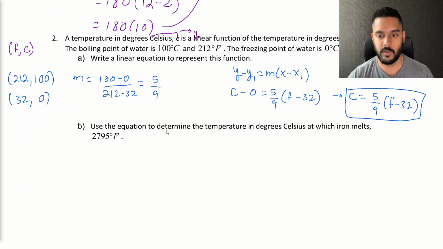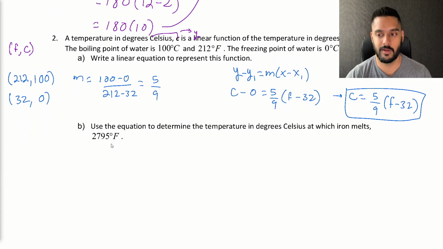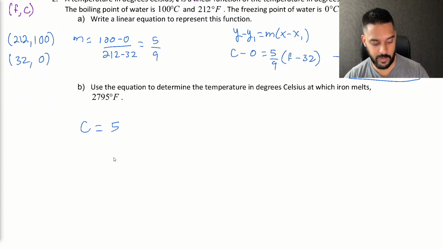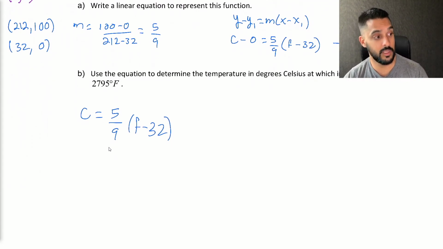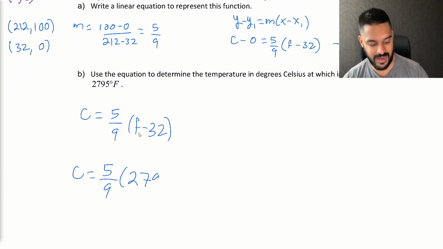Okay, so we're asked to use the equation to determine the degrees Celsius at which iron melts. In Fahrenheit, it melts at 2,795 degrees Fahrenheit. We've got to figure out what that is in Celsius. So using this equation, 5 over 9, F minus 32, if I substitute in the value for Fahrenheit in for F, that means it's 5 over 9, 2795 minus 32.